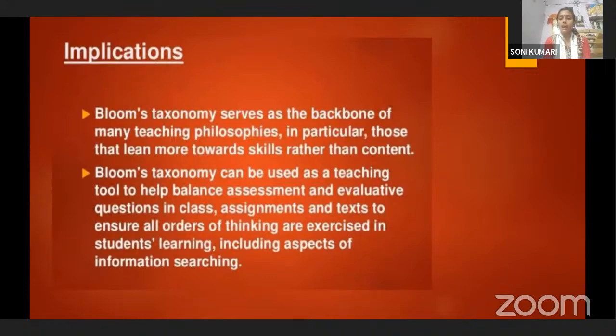Bloom's taxonomy can be used as a teaching tool to help balance assessment and evaluative questions in class, assignments and tests, to ensure all orders of thinking are exercised in students' learning, including aspects of information searching. It means students who want to know more can be satisfied by this Bloom's taxonomy process.